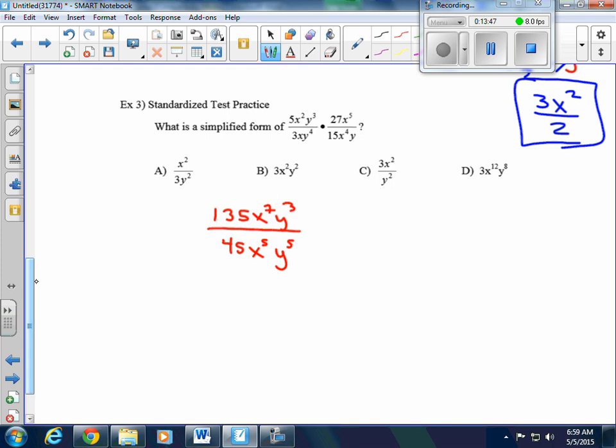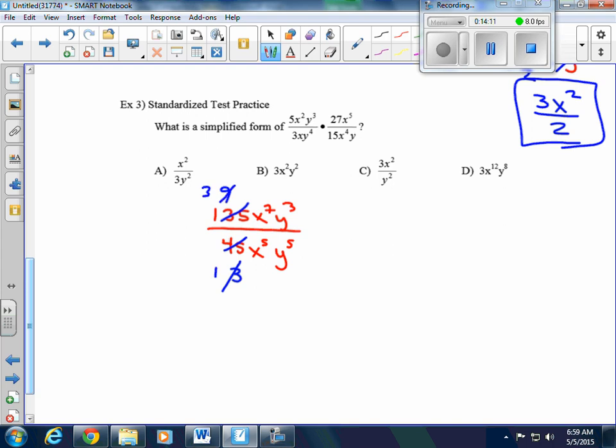So I can take a 15 out of these. And so if I take 15 out of here, I'll have 3 left. And if I take 15 out of here, I'm going to have 9 left, which actually it looks like I could have taken a bigger number out. So now I notice they both have a 3. So I can take that out, and I'm going to have a 1. And this out, I'm going to have a 1.